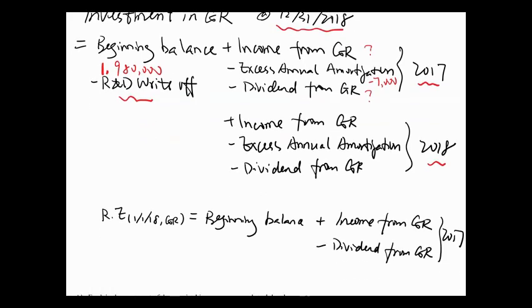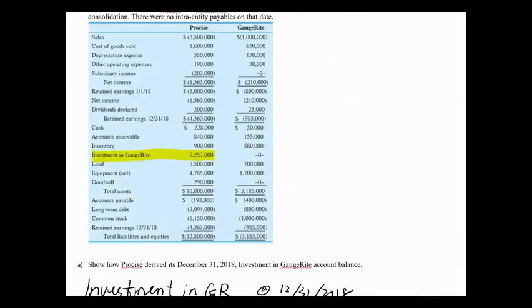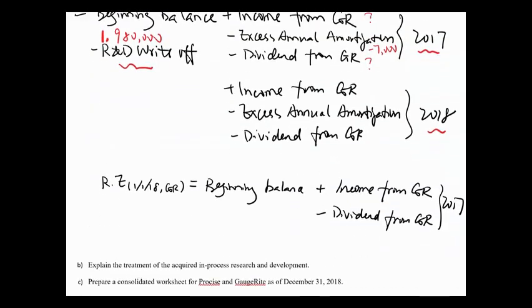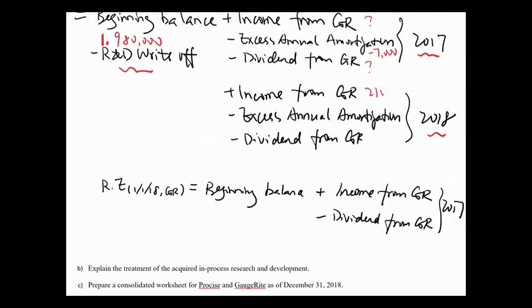Let's go to 2018. What is the income from Goldright? The information is given: the net income from Goldright is 210,000. The excess annual amortization is 7,000, the same every year.